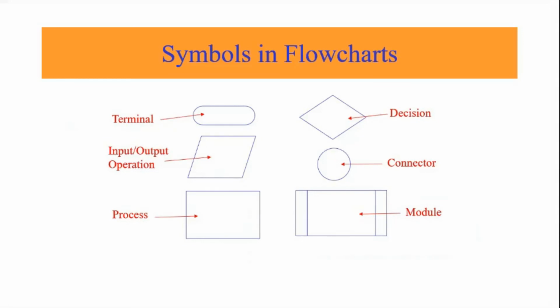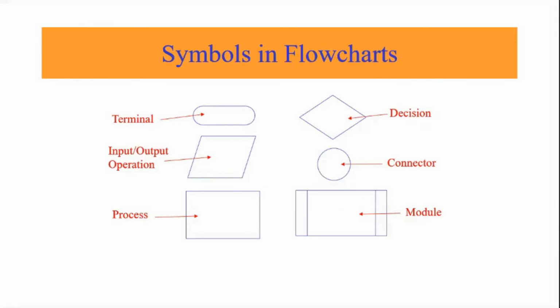The different symbols used in the flowchart are: the oval shape or rounded rectangle, that is the terminal. Then the parallelogram, that is the input or output operation. Then the rectangle, that represents the process. Then the decision structure, that is a rhombus. Then a circle, that is a connector.